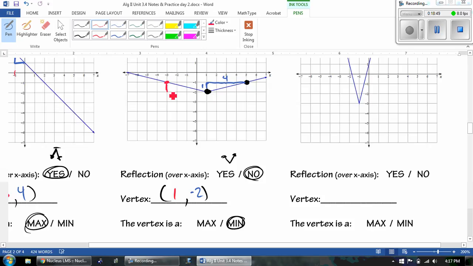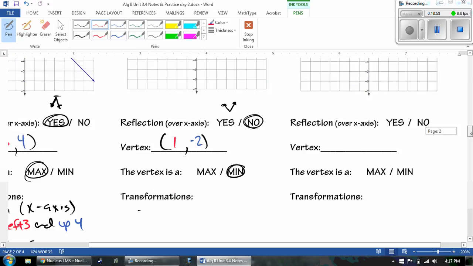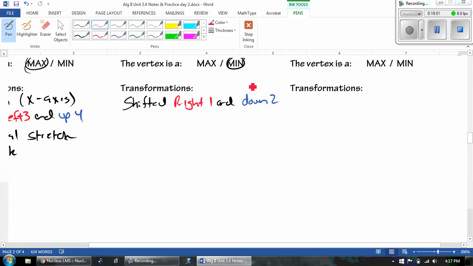Here's my point. There's down 1, 1, 2, 3, 4. And remember, it's going to be opposites. One time it's positive 1/4, and then it's a negative 1/4. So is there a transformation here? Well, yeah, okay. It's being shrunk 1/4 units vertically.